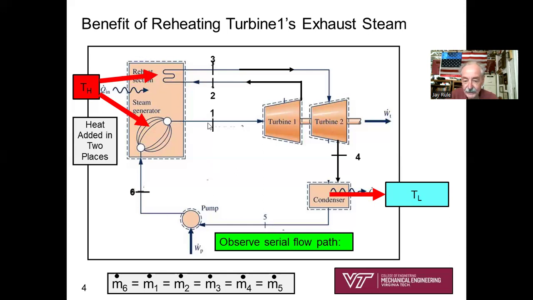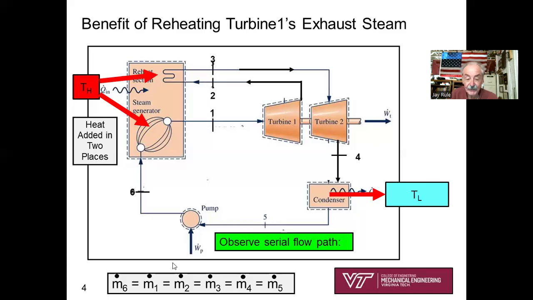So let's go over it again. I've got state 1 coming out of the boiler. It's coming through turbine 1, coming back, state 2 to the inlet to reheat, still the same flow. State 3, still the same flow, coming into the low pressure turbine. Out of turbine 2 at state 4, still the same flow, into the condenser.